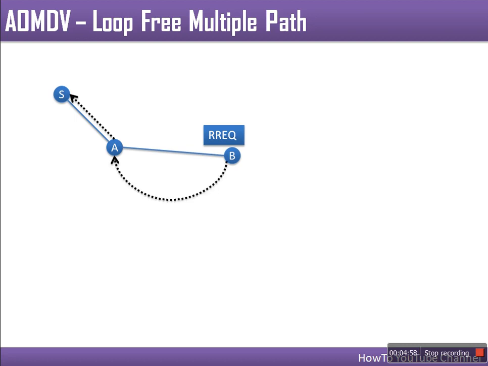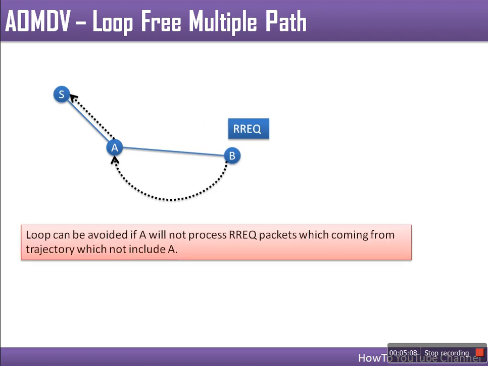So B will set a reverse path to A. Now node B also broadcasts it again. When this packet is broadcast, A will hear the same packet again, and A will also set a reverse path.